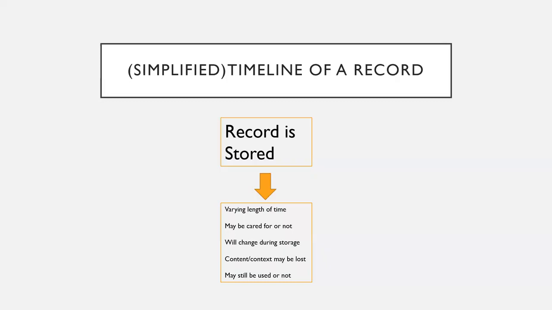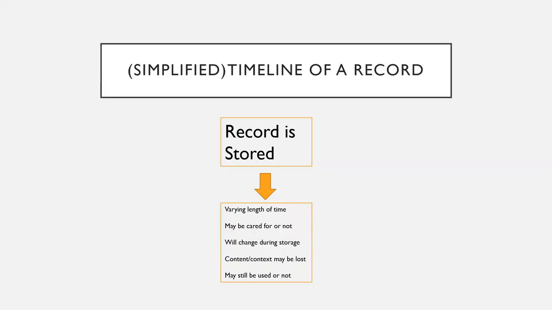And as a result of this inevitable change, the content and context of a record may be lost. As an image changes, as it fades, that's going to result in a loss of content.